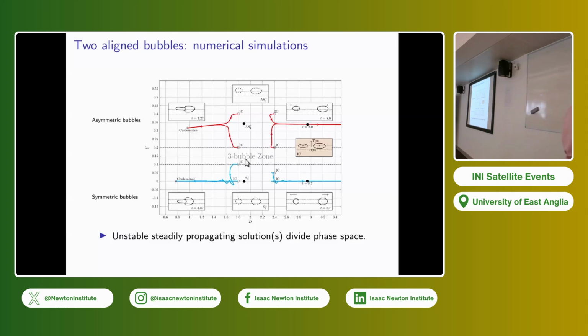This is the complicated three-bubble zone where things break up. So, and I know I'm rushing through this relatively quickly, so apologies for that, but the point being that these unstable, steadily propagating solutions, two of them, divide the phase space. And I don't think it's a coincidence that they're at very similar distances apart.